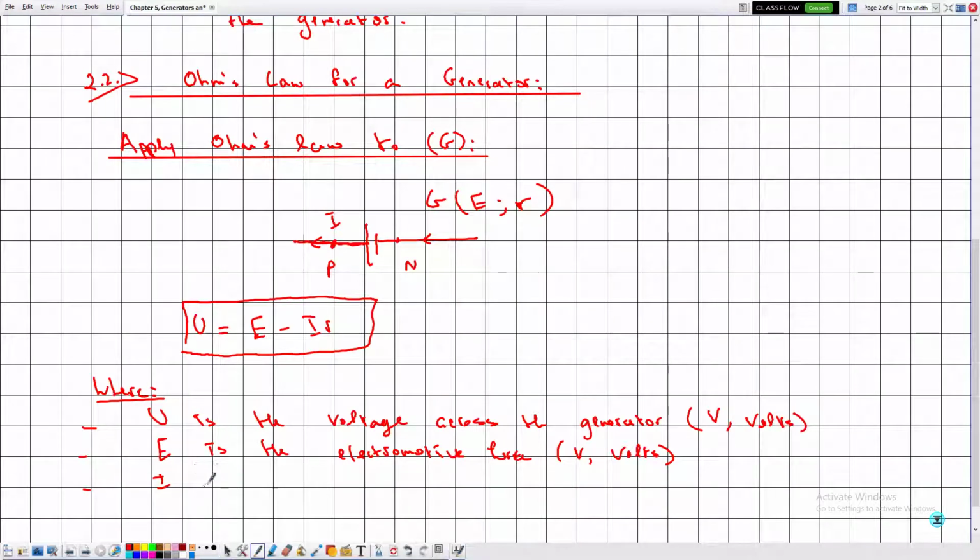I is the current traversing the generator, and it's given by A for amperes.